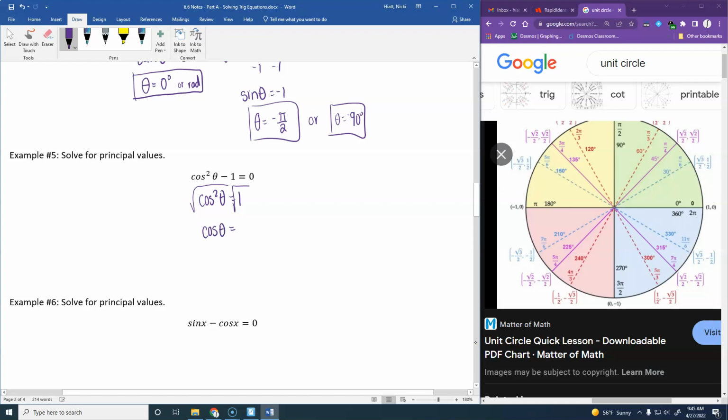What's the square root of 1? 1. Alright. Is this it? No. There's something that I'm forgetting. Plus or minus. When you square root both sides, there's got to be a plus or minus. You'll have two answers. So you have one where cosine equals positive 1 and one where cosine equals negative 1.